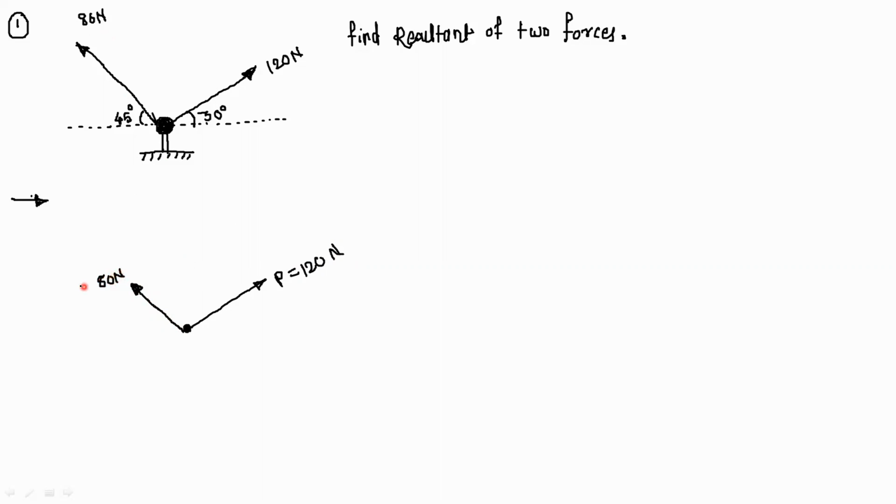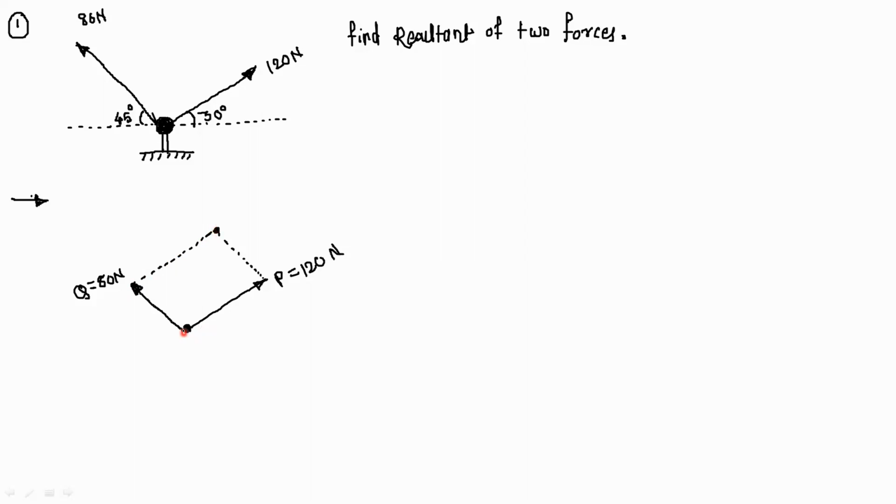So this is 80 Newton, and assume this as Q. Now draw the parallel line from this P, parallel to Q, and draw a second line from this point. So I hope this point is clear, how to construct the parallelogram.